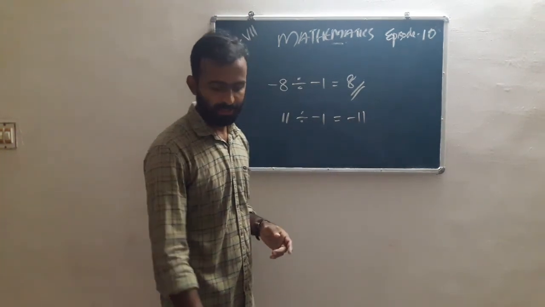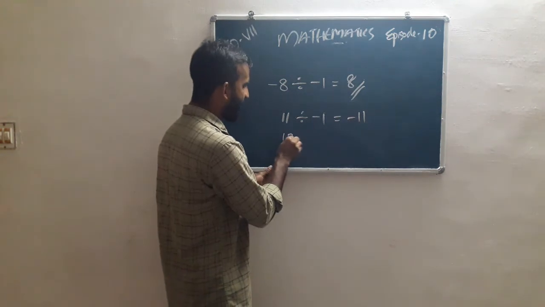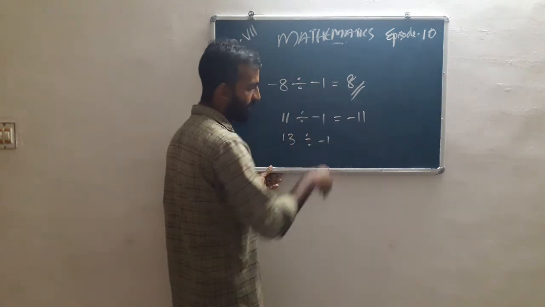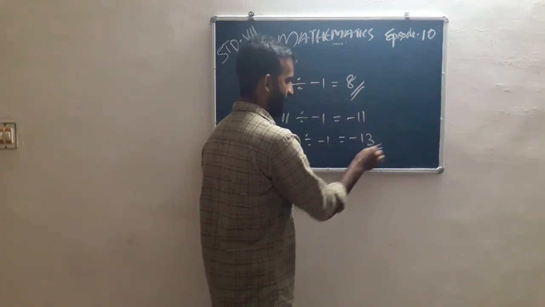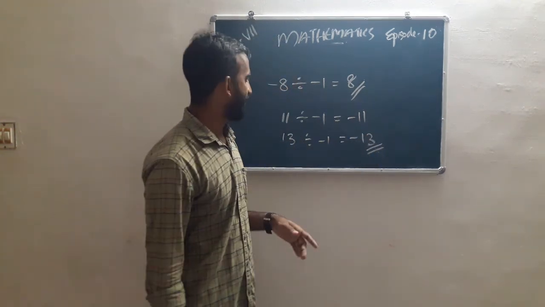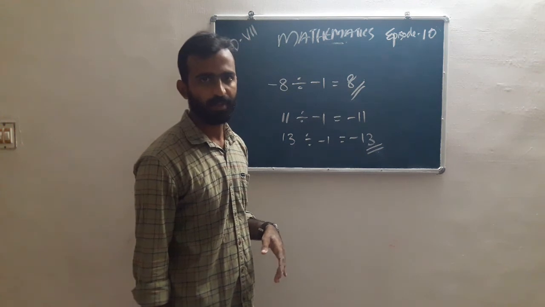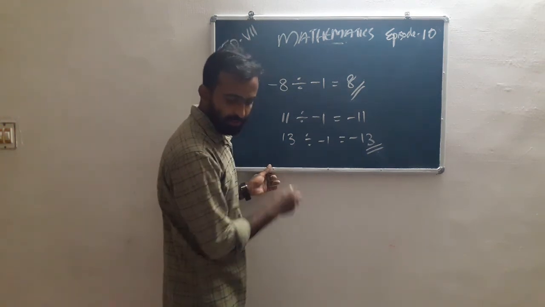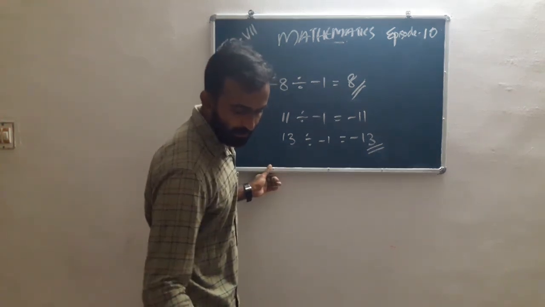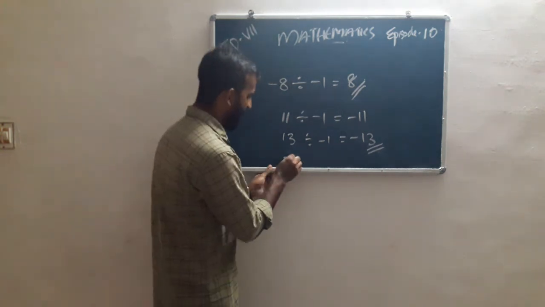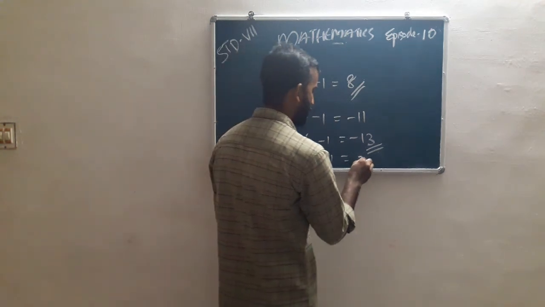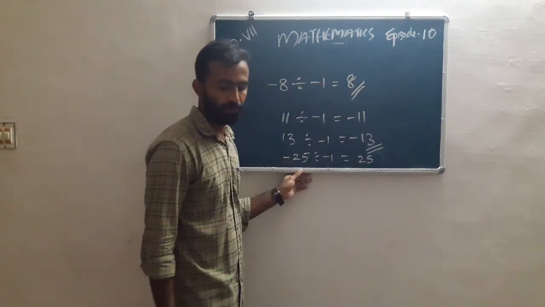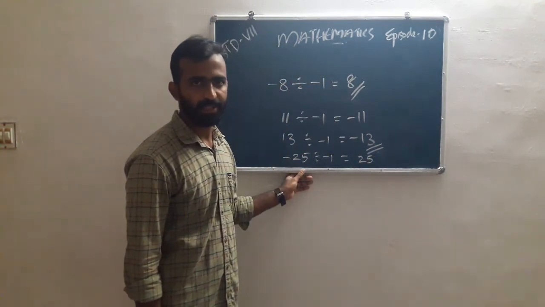And 13 divided by negative 1, we get negative 13. And next, negative 25 divided by negative 1, we get 25. Is it?